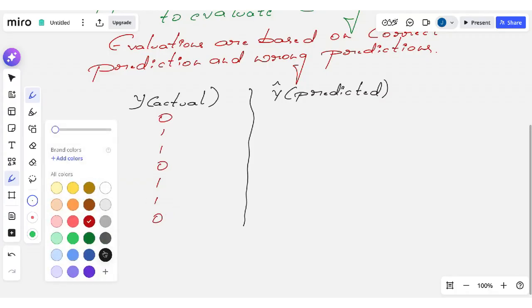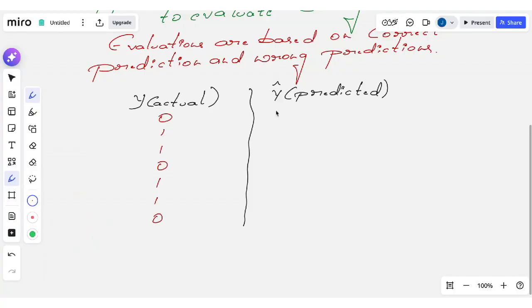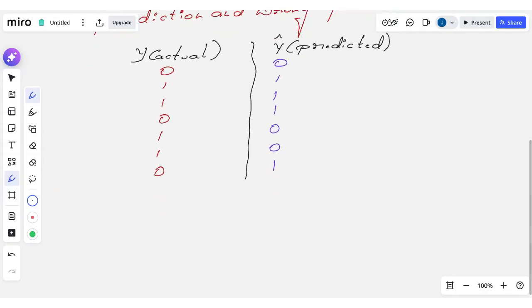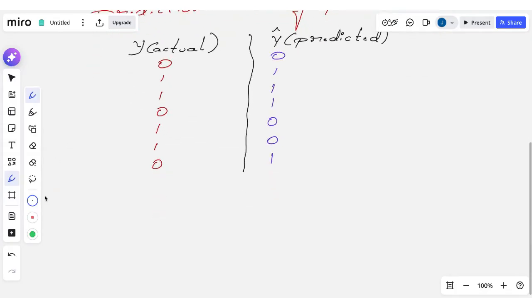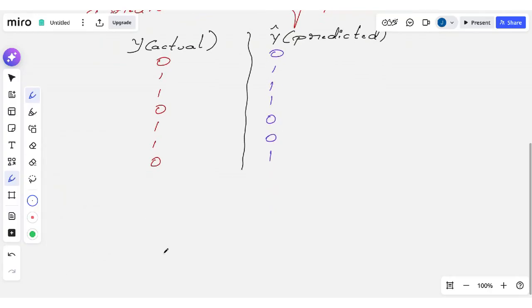And let's imagine the model predictions are, I'm just assuming, 0, 1, 1, 1, 0, 0, 1. So now, how do you say a prediction is correct? How do you say the prediction is wrong?